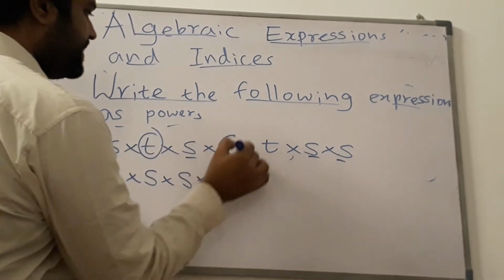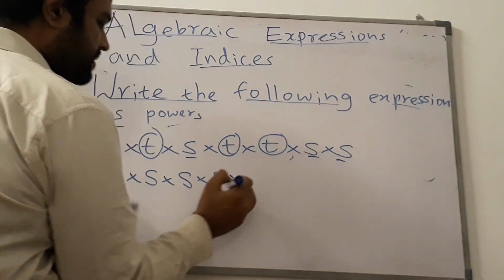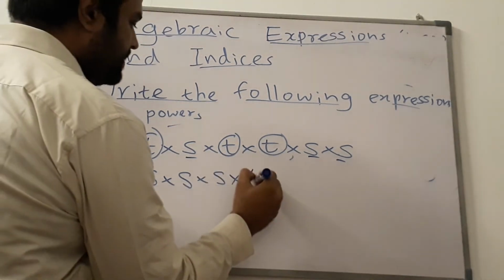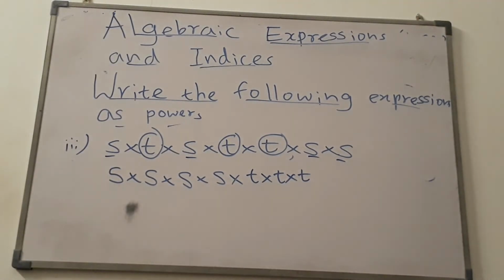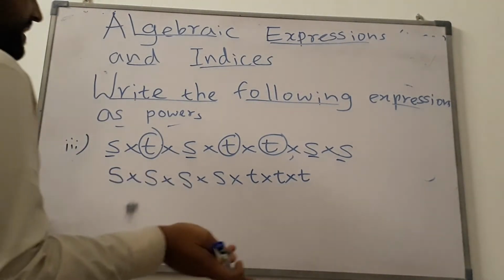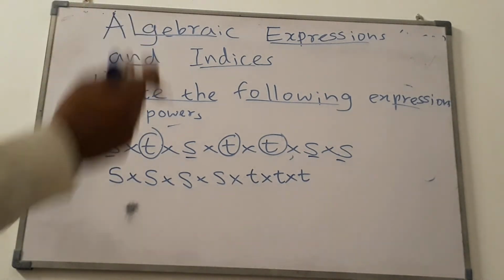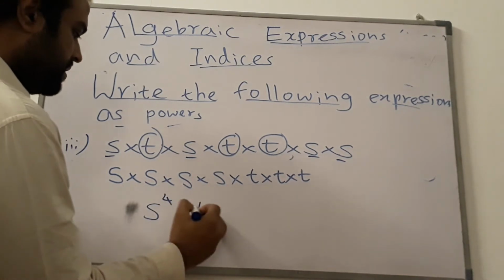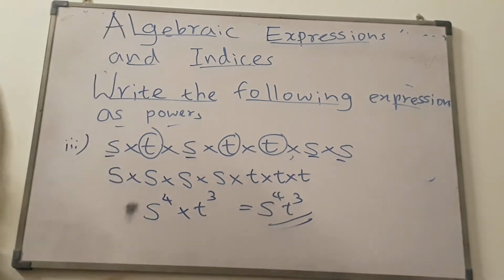Then there are 3 t's multiplied with each other. Now we will write the t's behind the s's, so it will be t three times. Now we separate the s's and t's, and we can write it in index form. There are 4 s's, so s to the power 4 times t to the power 3. So it will be s4 t3. This is the answer.